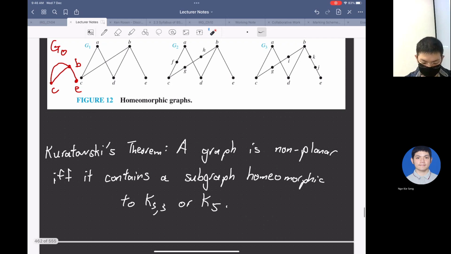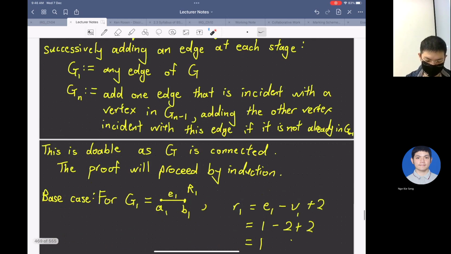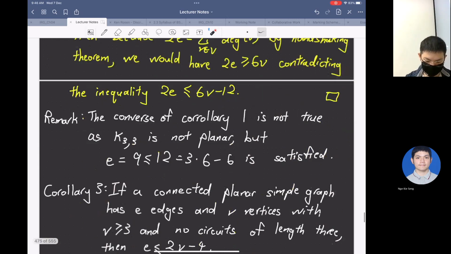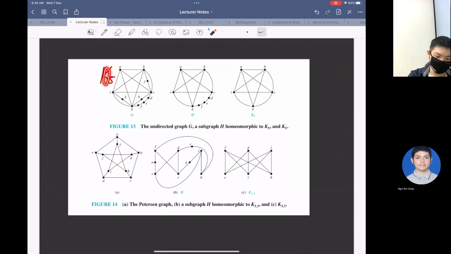So for example, here is my example picture. Remember what K5 is? The complete graph with 5 vertices, so every vertex is connected to each other.